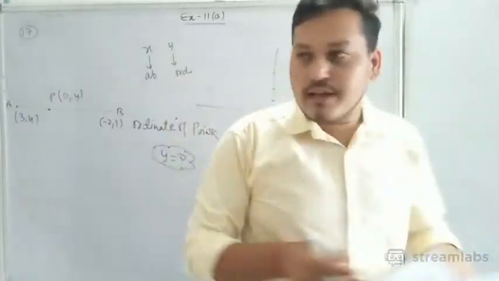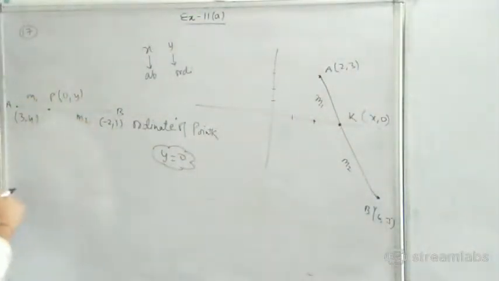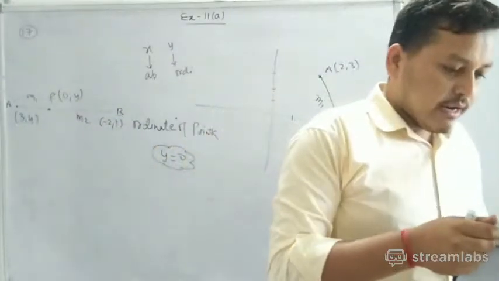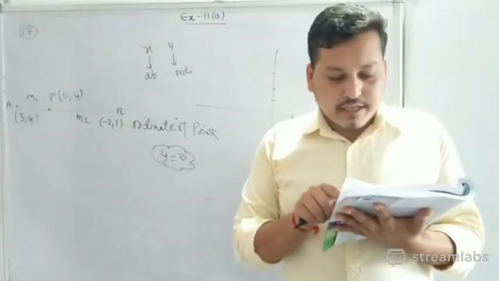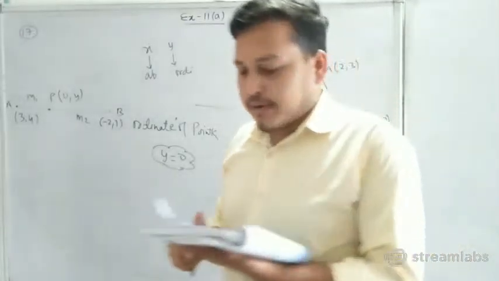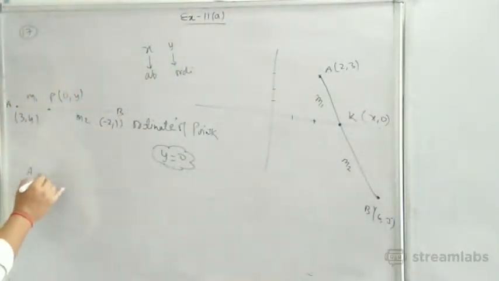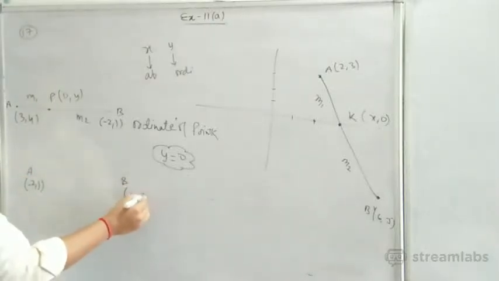The question is to calculate the ratio. Let this part be M1 and the second part M2. By using the formula for x, you can calculate the values of M1 and M2. Now question 19 is a simple question. Point A is (-2, 1) and B is (1, 4).